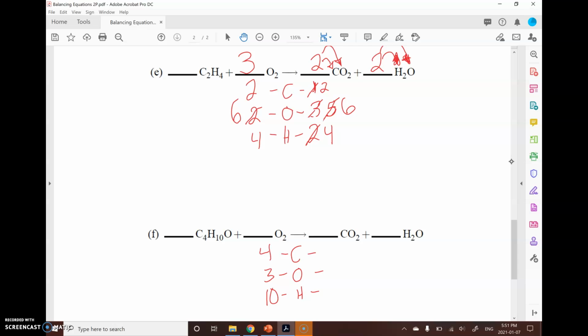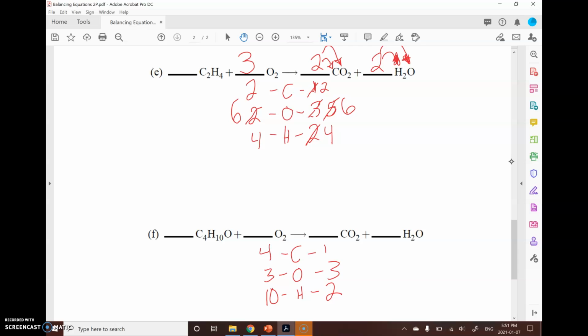Now we have to do this side. So I have 1 carbon, I have 3 oxygen, and I have 2 hydrogen. I have 2 oxygen here and 1 here, so that makes 3.